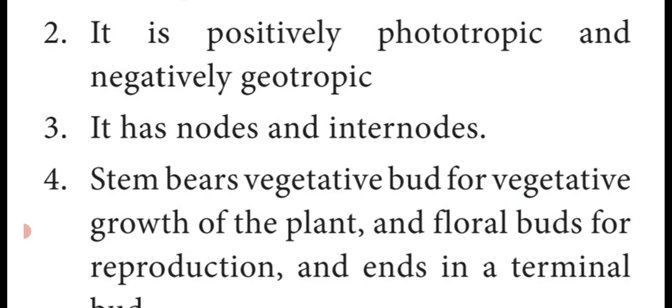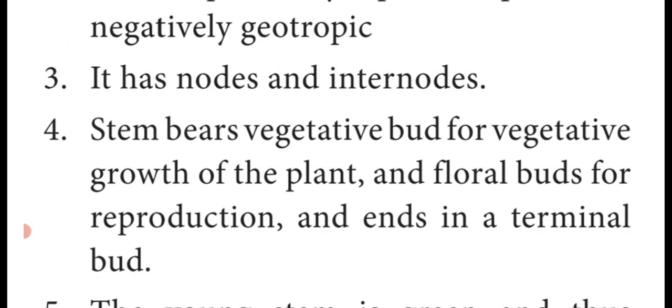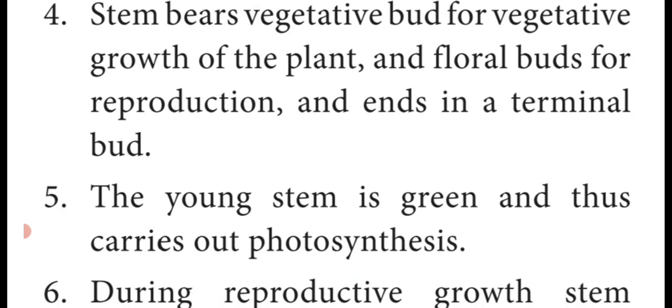So that is the reproductive organ which is present in the stem region. Then the buds are divided into two. Some buds are present in the angle position, that means between the stem and the stalk of a leaf. That bud is said to be axillary bud.